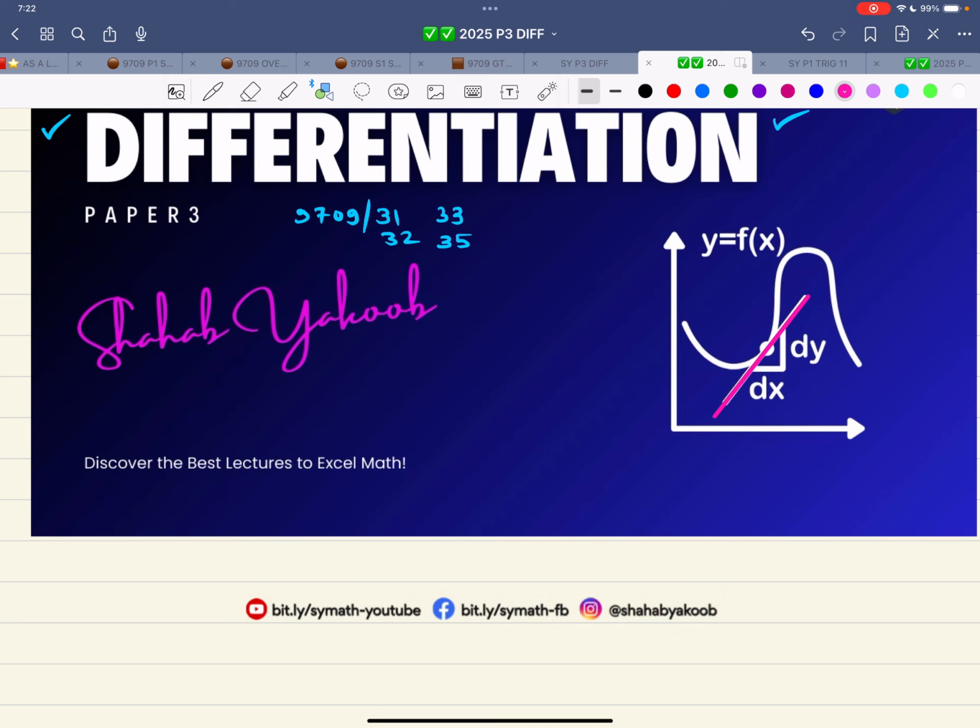That is how you draw the tangent. And if I draw a perpendicular to this one, that would be the normal. So n stands for normal, and this t stands for tangent. And naturally they are perpendicular to one another.